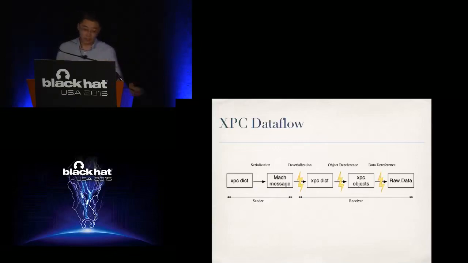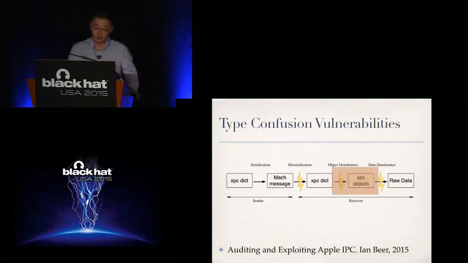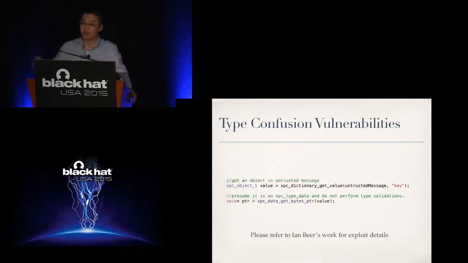Here I have to mention the independent work from Ian Beer of Google Project Zero. In this work, he found a lot of vulnerabilities in the object dereference part, a lot of type confusions. And this piece of code demonstrates the root cause of the type confusion. Basically, the server side receives some untrusted message, and the server side also presumes the type of some member objects in the message.